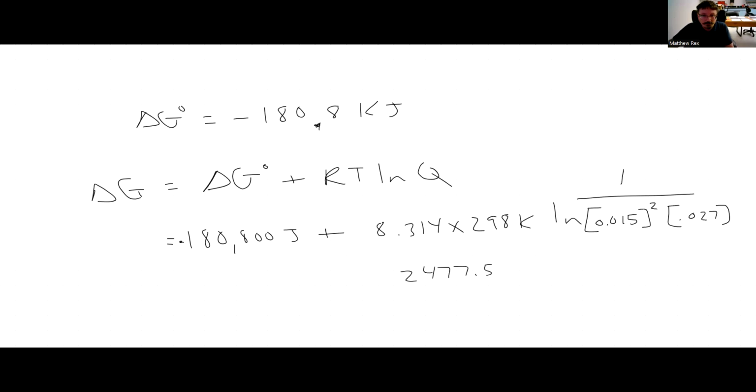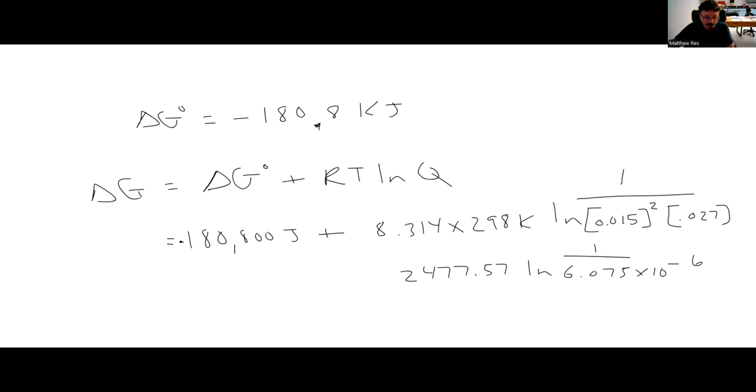2,477.57 natural log of 1 over 6.075 times 10 to the negative 6, which is a pretty large number.